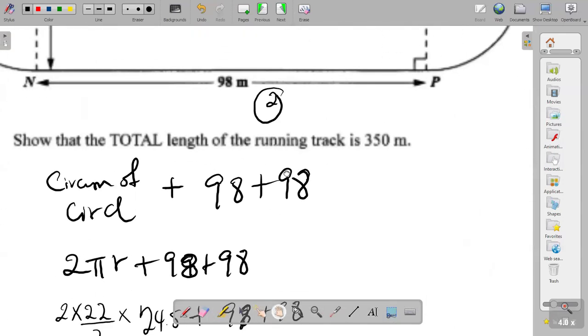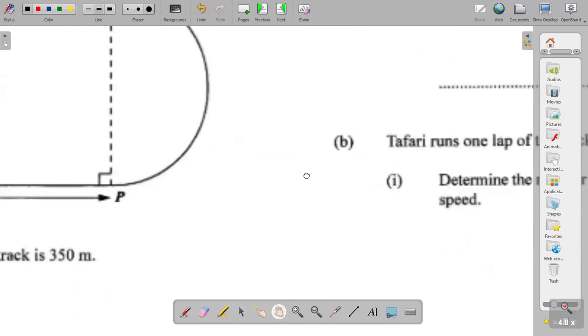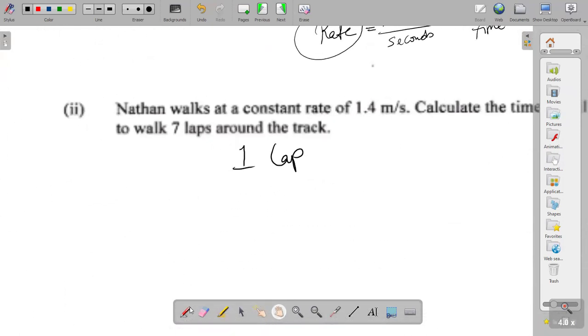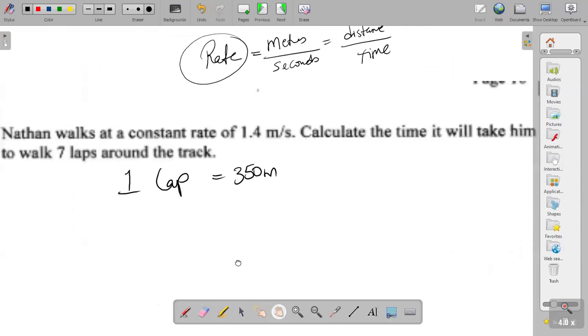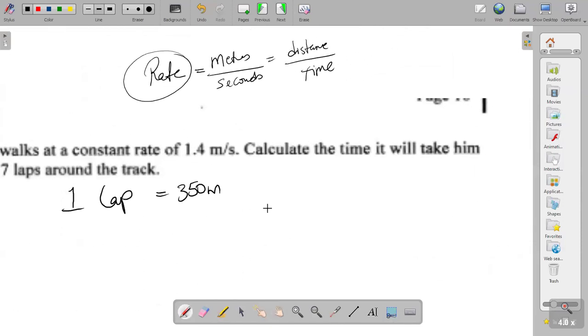So let's say that ends up giving us 350 meters. Oh, my estimation wasn't that bad. Thank you. So we know 1 lap is 350 meters. Based on the formula, rate is equal to meters over time, seconds.